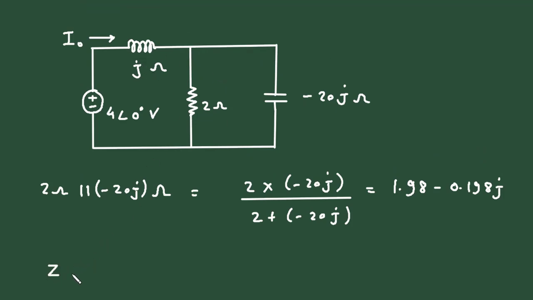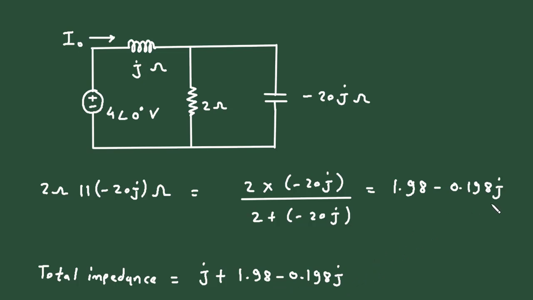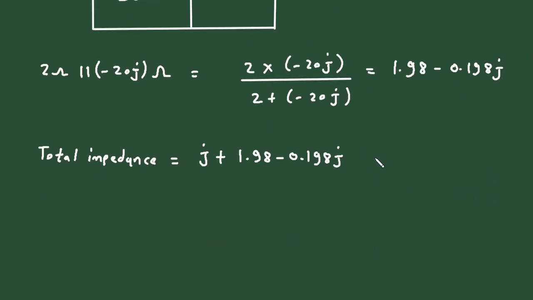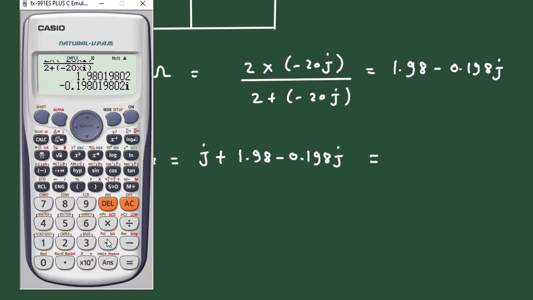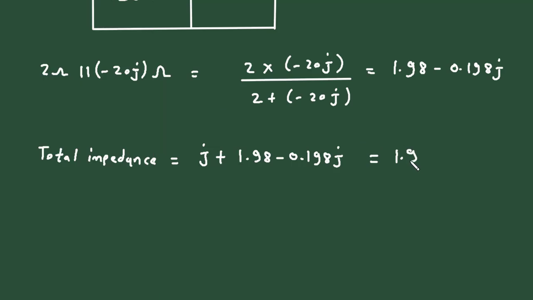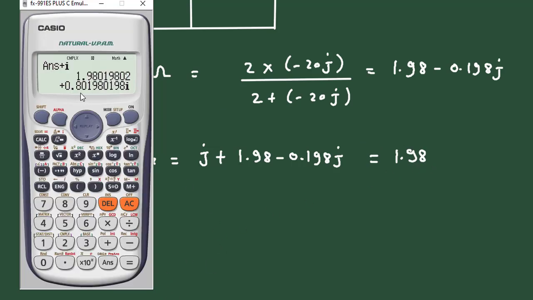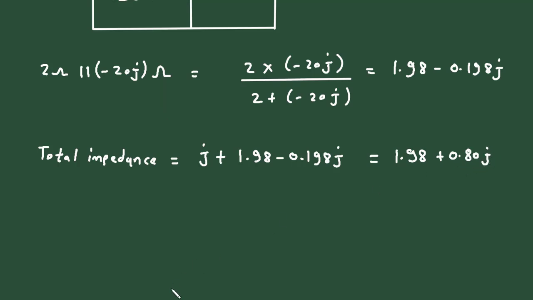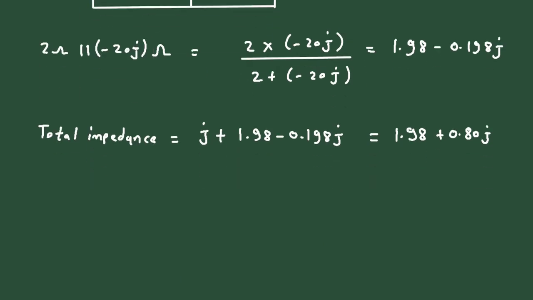So we can write Z, the total impedance, is equal to this j plus this value 1.98 minus 0.198j. We can directly add j to this, so it is 1.98 as it is, then plus 0.80j. So this is the value of total impedance.